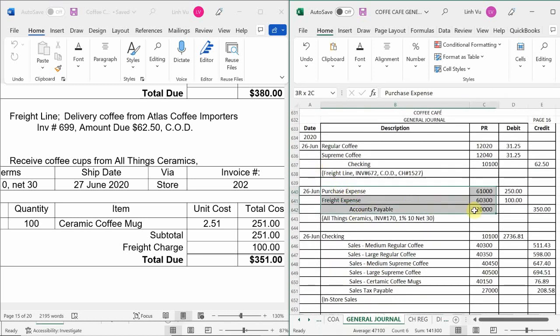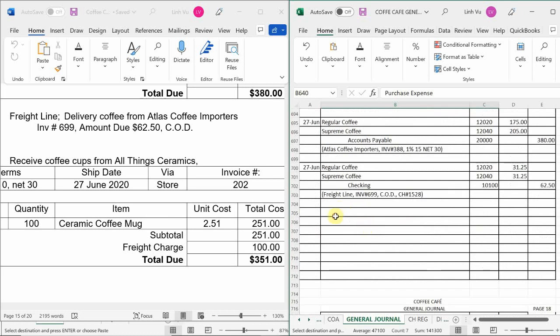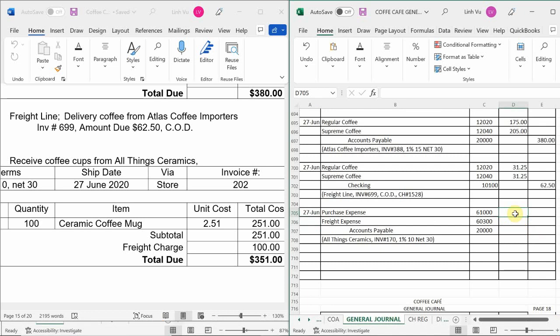Purchase expense, freight expense, because it's periodic inventory. Okay, to a total of $351. Invoice number 202.